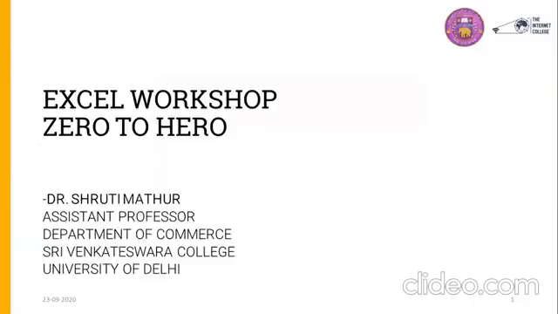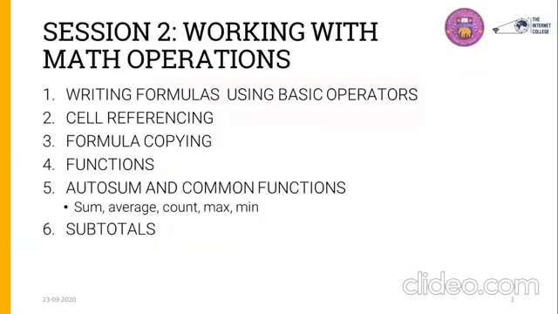So, in today's session, we are going to focus on working with math operations. We will learn about formulas and how to write these formulas using basic operators. We will talk about cell referencing, and we will discuss how to copy formulas and how to use different types of cell referencing while we copy formulas.